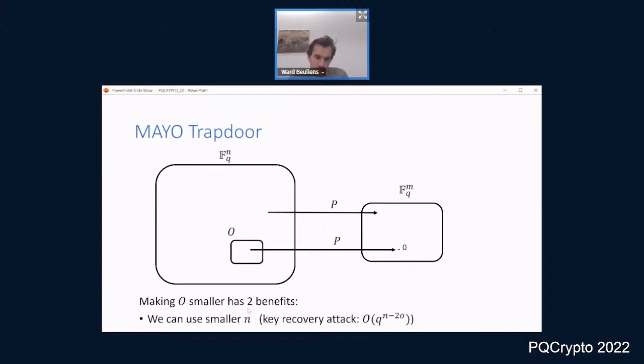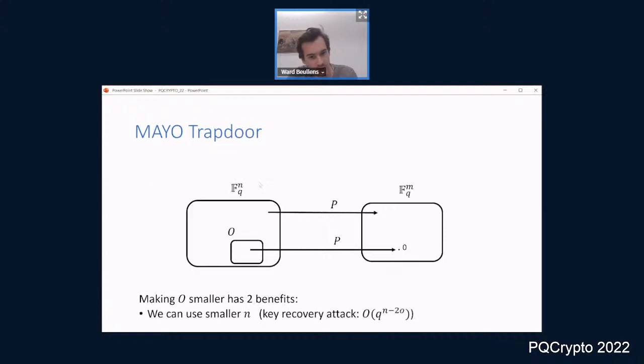If the oil space is smaller, then we can also make n smaller, because n just has to be sufficiently larger than the oil space to hide it, right? So the needle got smaller, so the haystack can also be smaller. So this is nice because if you're working with smaller maps, then everything gets faster. But also the public key becomes smaller because, like I mentioned, you can generate a large part of your map P from a pseudo-random number generator.